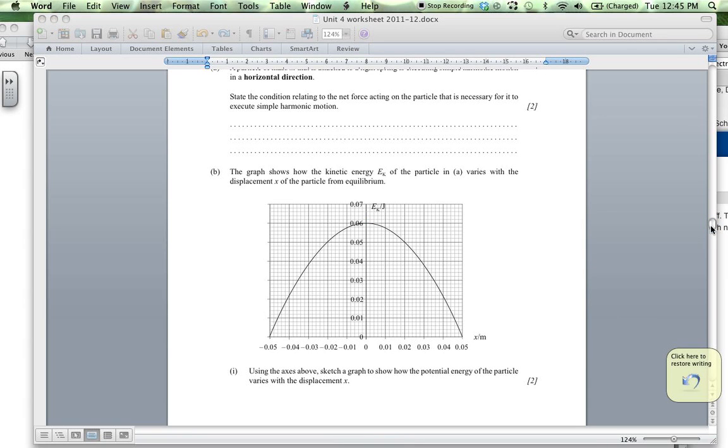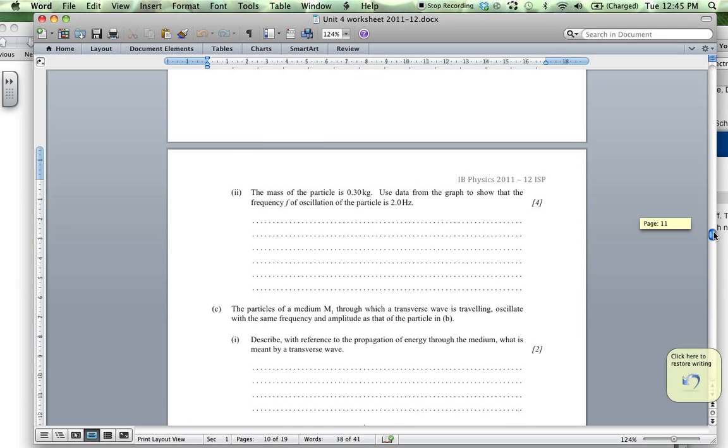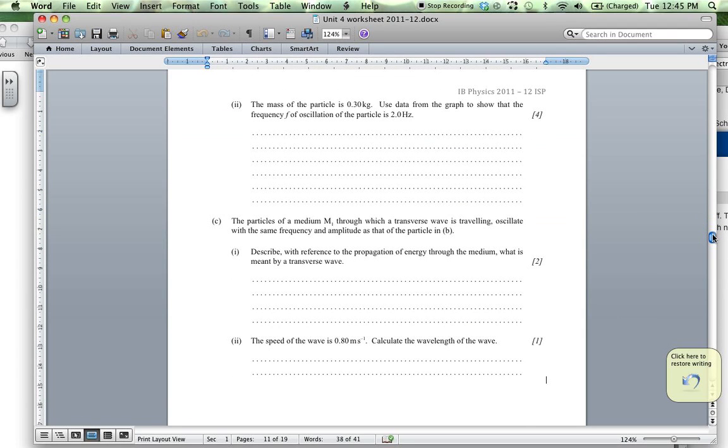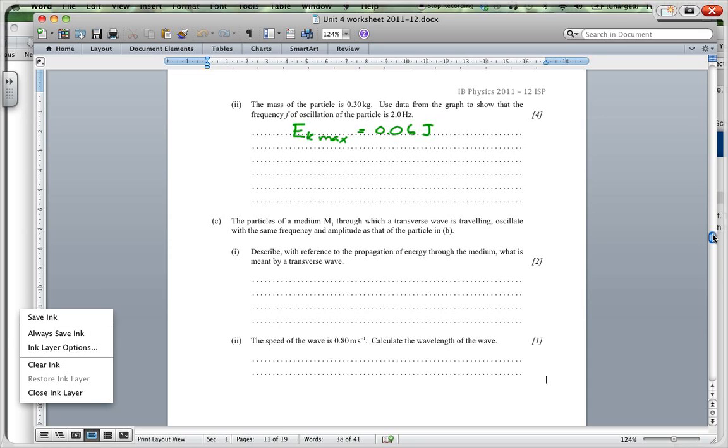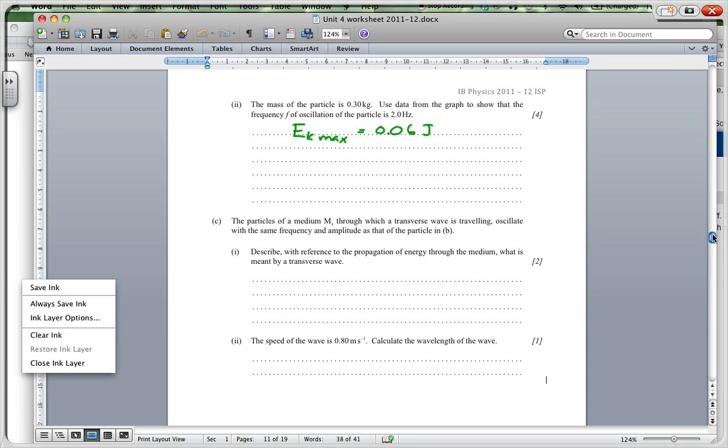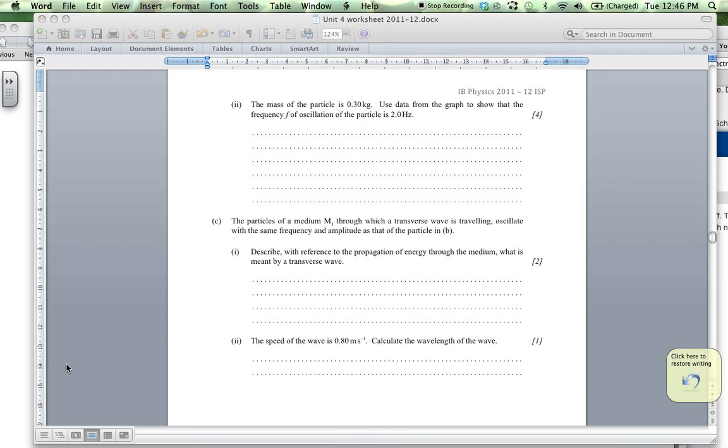So let's go back down here. It's a bit more difficult for me than for you moving around here. So we've got Ek max is equal to 0.06 joules. And then if I go to my formula booklet, I'm going to have to close this down.